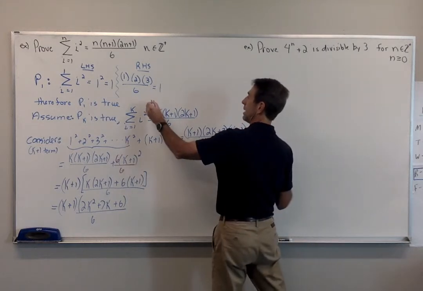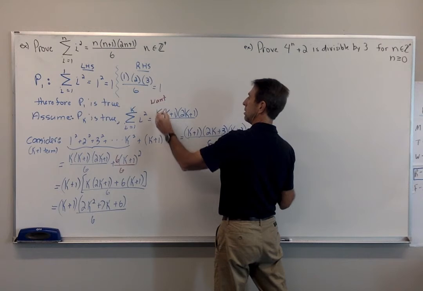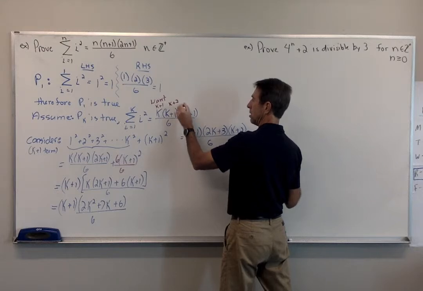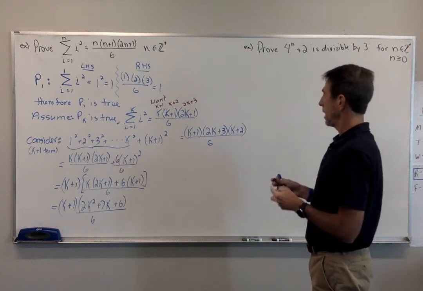Sometimes I actually write down, what do I want? Well, I want that to be a k plus 1. That's now going to be a k plus 2. If I put a k plus 1 here, that's going to be 2k plus 3. Oh, I have it.